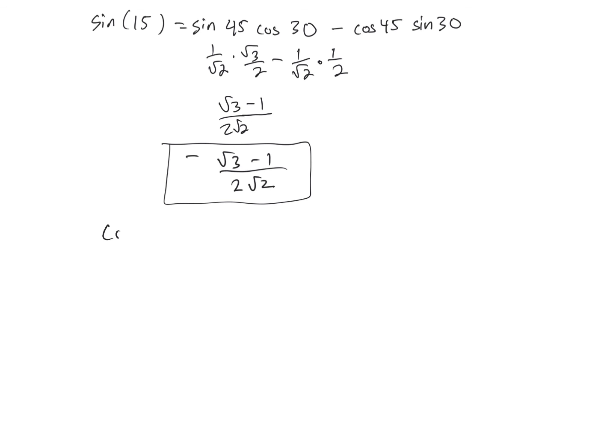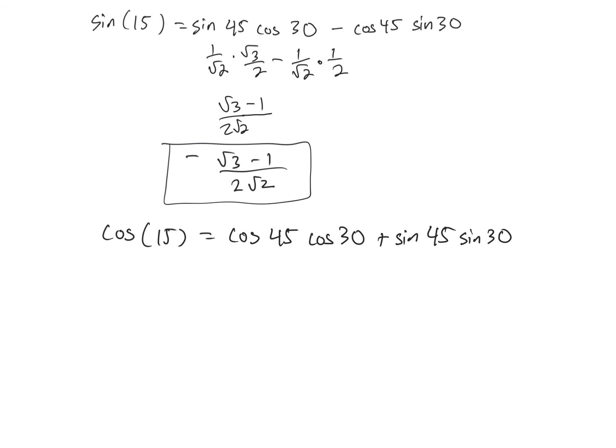Next, my cosine of my 15 reference angle is then cosine of 45 times cosine of 30 plus sine of 45 times sine of 30.